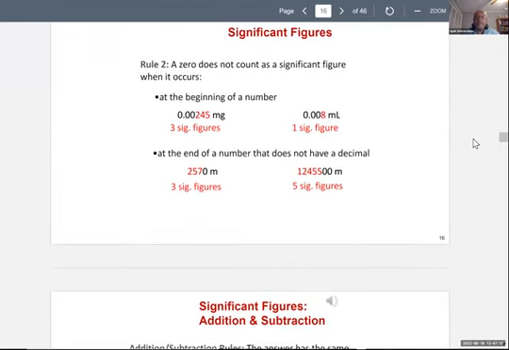Okay, these are examples of what I tried to explain in a previous slide. In 0.00245, how many significant digits are there? The zeros at the beginning are called leading zeros. They are not significant. Therefore, you don't count them. Therefore, 5, 4, 2, only 3 count, for 3 significant figures.